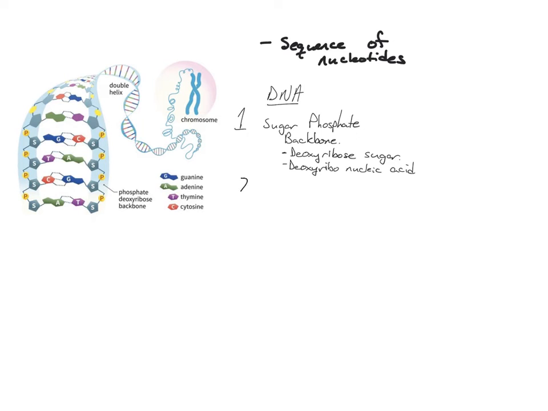The second thing I hope you learned about DNA is that DNA also has nitrogenous bases. These nitrogenous bases are purines and pyrimidines.